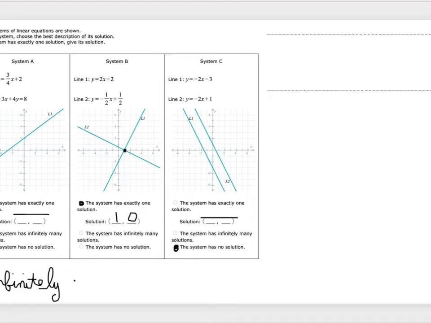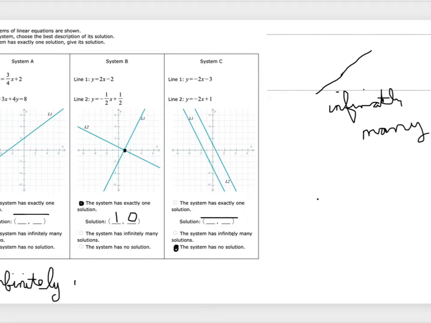Infinitely many. Okay, and then let's just make our little note over here. If we have a single line, it's infinitely many, because they are actually the same line, infinitely many solutions.